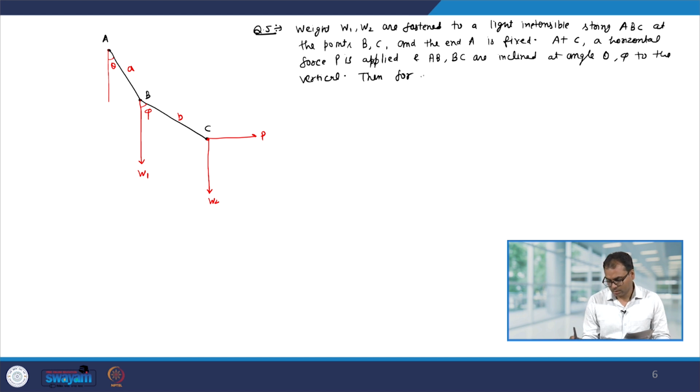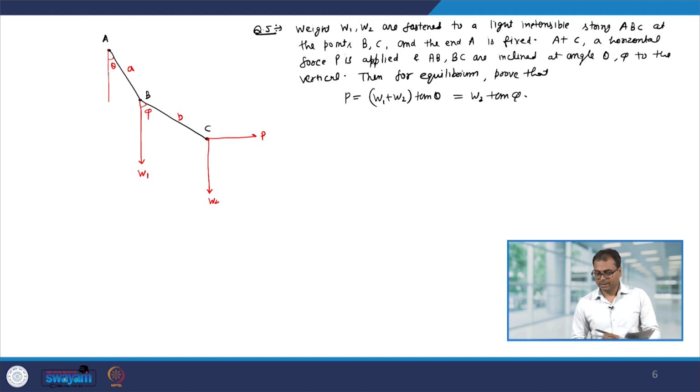Then for equilibrium, prove that P is equal to (W1 plus W2) tan theta, which will be equal to W2 tan phi.